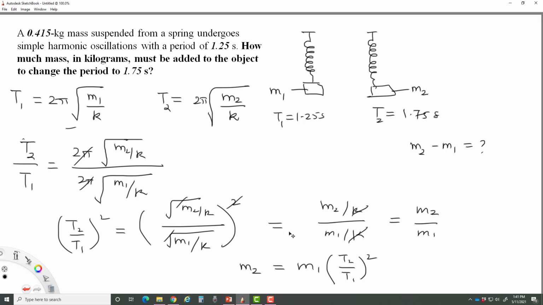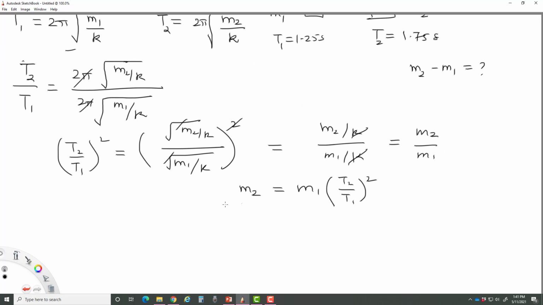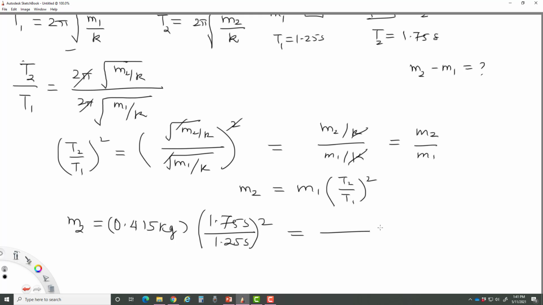Then you can substitute the given values. m1 is 0.415 kilogram, T2 is 1.75 seconds, and T1 is 1.25 seconds, squared, so that will give you m2 in kilograms.